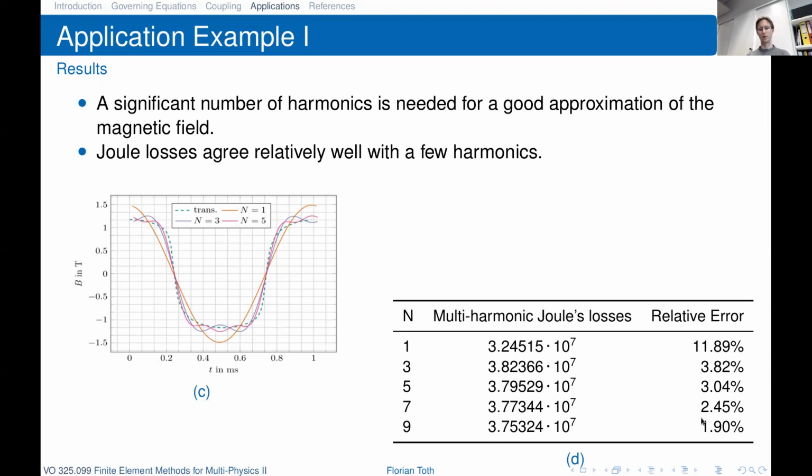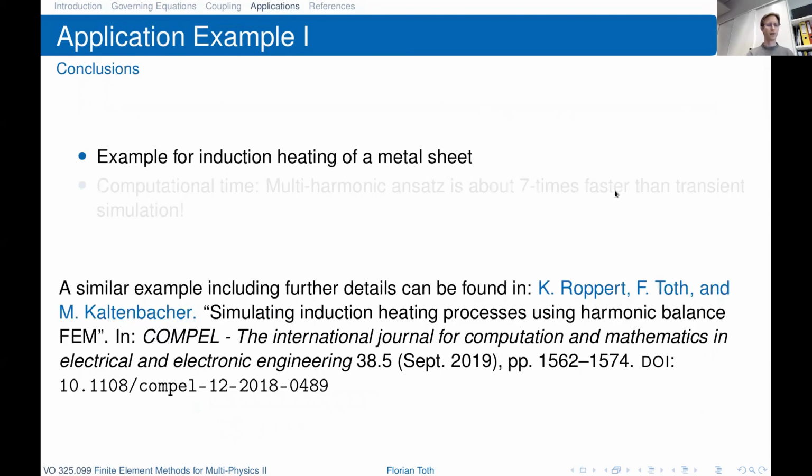And this can be reduced quite a bit if we take into account more harmonics. However, with a single harmonic, we're about 12% off. So this is probably too large of an error to just use a linear model for the magnetic problem.